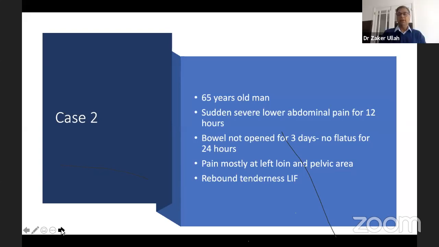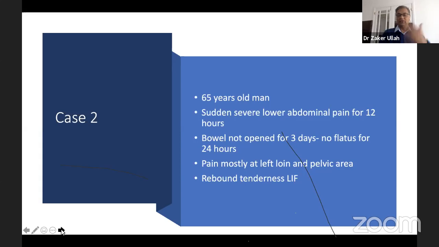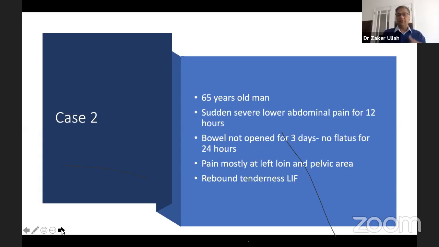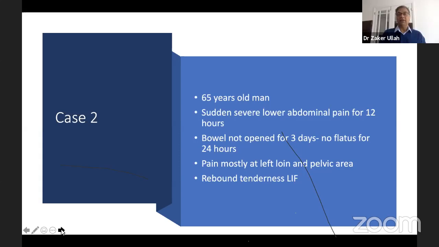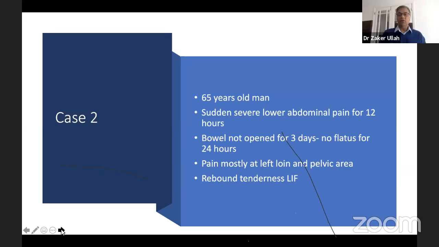Good. Anything else? Sigmoid volvulus can be there. Good. What else can it be? Just whatever comes to mind, what is there on the left side, with rebound tenderness. Carcinoma of the rectum, yes, perforated carcinoma of the rectum. Sigmoid colon, rectum, and anything else? IBD, inflammatory bowel disease, good. It can be colitis.